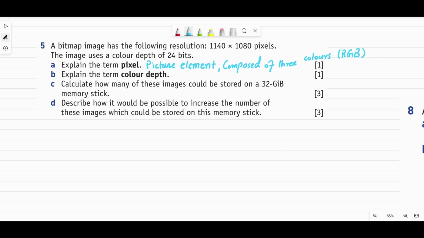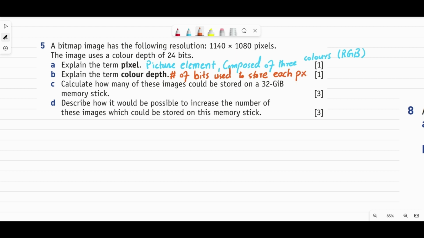Color depth. Color depth is the number of bits used to store color, each pixel.